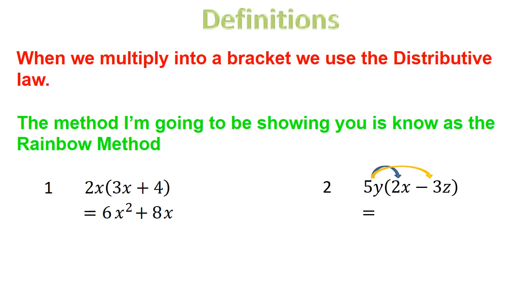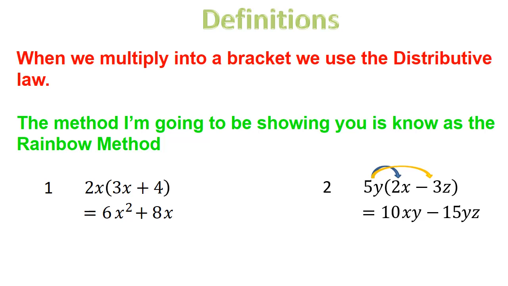So, 5 times 2 is 10, and then y times x is xy. Now we move on to the yellow part. 5y times negative 3z. So my positive 5 times my negative 3 will give me a negative. 5 times 3 is 15. Then I have y times z, which gives me yz.